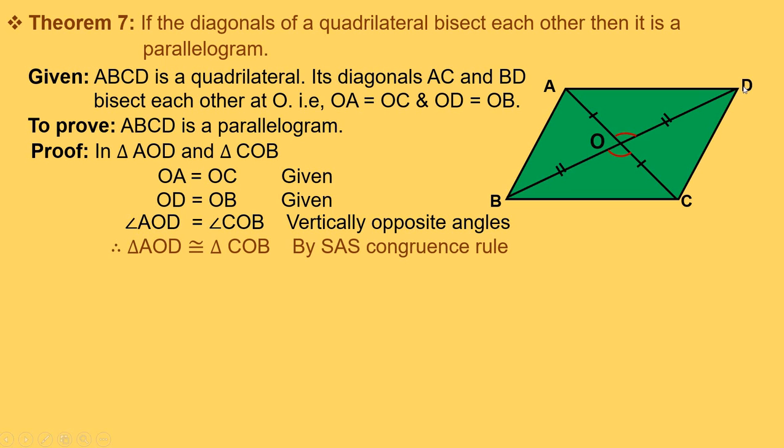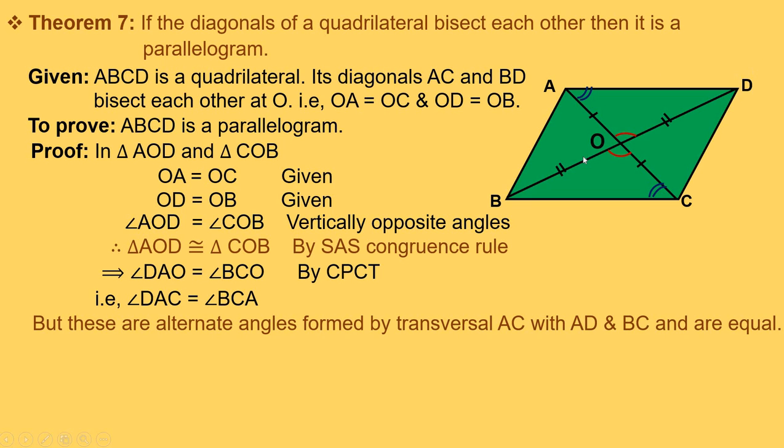This implies angle DAO is equal to angle BCO by CPCT. That is, angle DAC is equal to angle BCA. But these are alternate angles formed by transversal AC with AD and BC and are equal. Therefore, AD is parallel to BC.